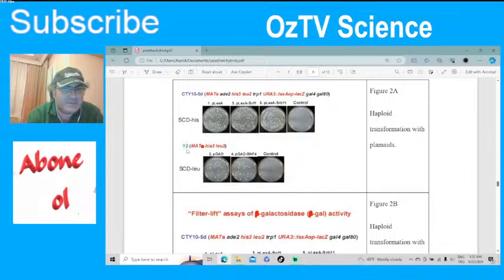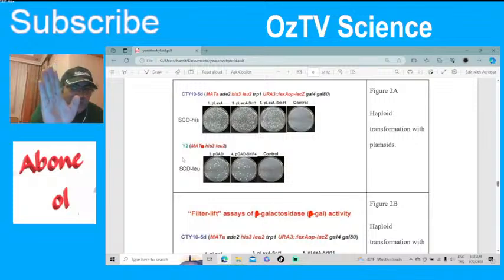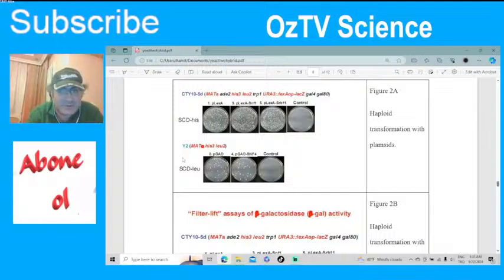And the second strain, and these are compatible, so you can mate these two strains, which is another way of doing this yeast two-hybrid. You can do it by plasmid transformation, double transformation, or by mating of the haploids. So if you're working with haploid cells, you can also use this system.